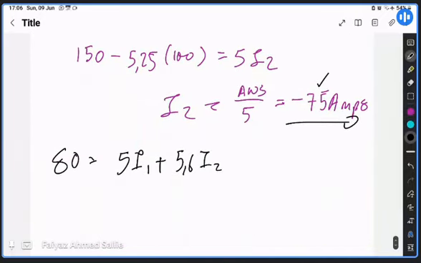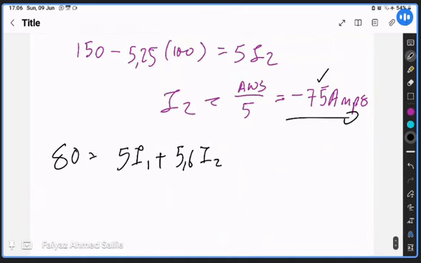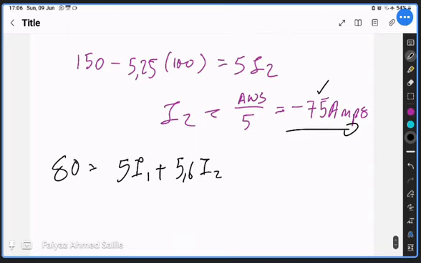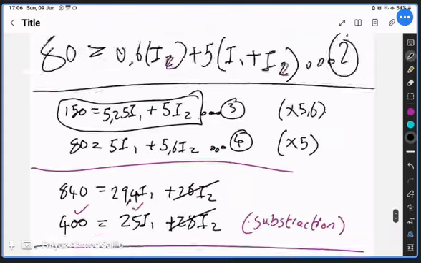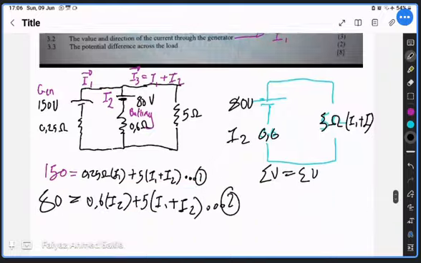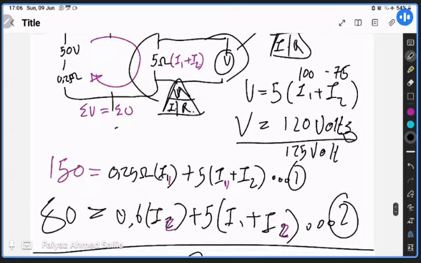So basically they used this equation for the voltage of the load. What is the question? The potential difference across the load. This is the equation for potential difference across the load. So they used 25 times 5.